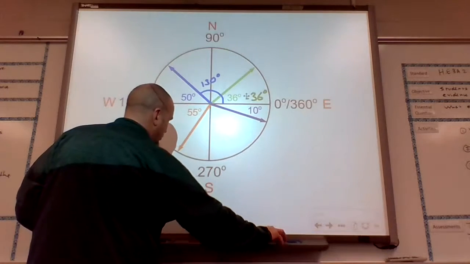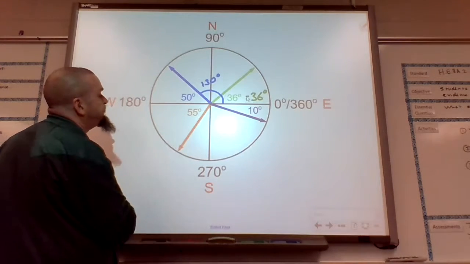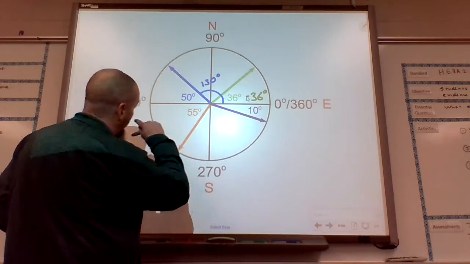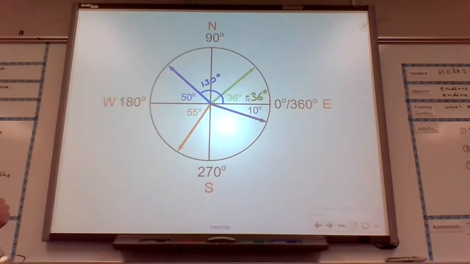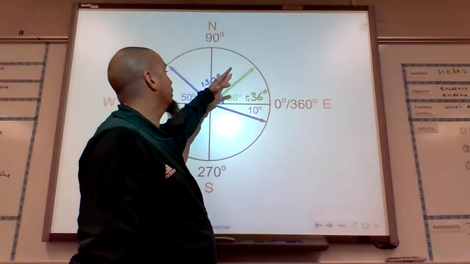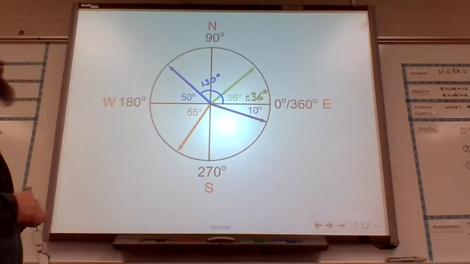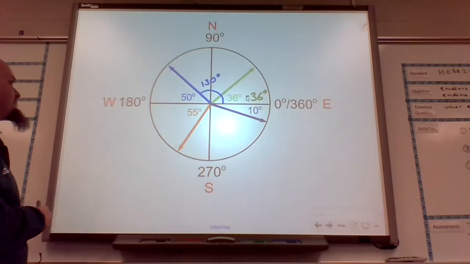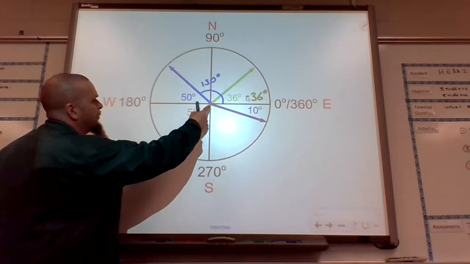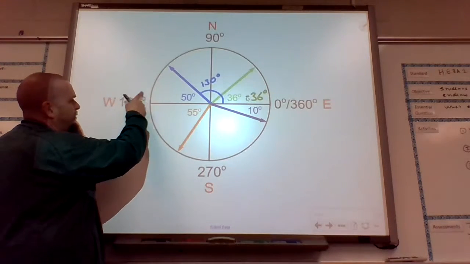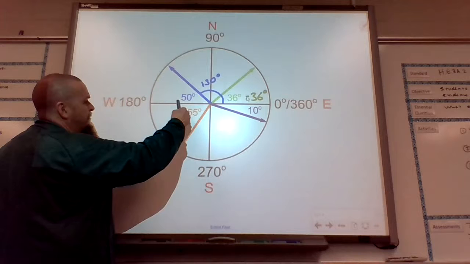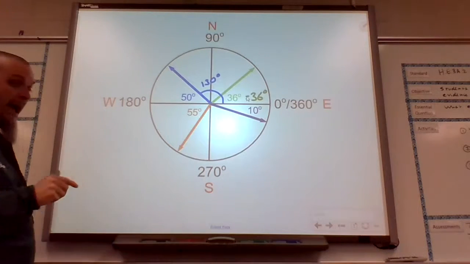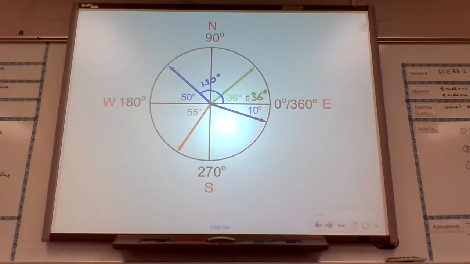Let's take a look at this orange one down here. 55 degrees. And 55 degrees is not necessarily the angle we want to work with, because 55 degrees is really over here somewhere. We have to indicate what that is. And again, we reason our way through. That's 180. I've gone 55 degrees past 180. So I do 180 plus 55.